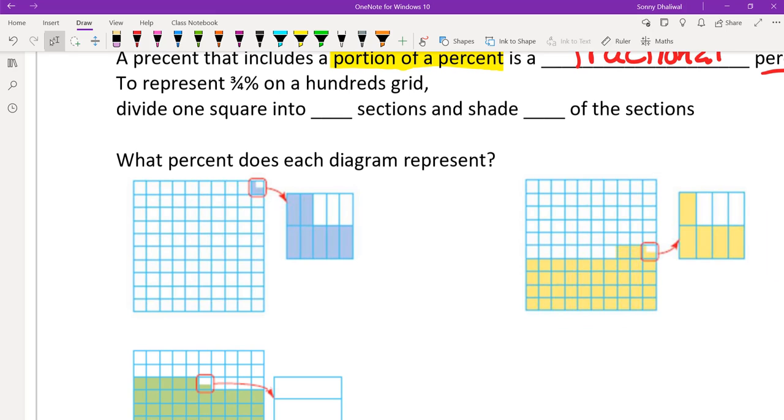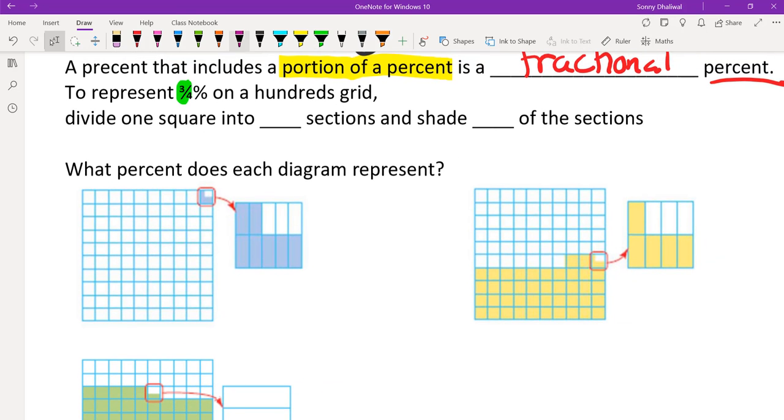So if I wanted to represent 3/4 of a percent, right? What does this mean? This means, going back to last chapter, the bottom number tells you how many pieces there are, right?